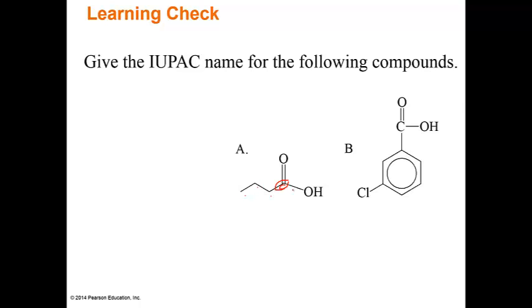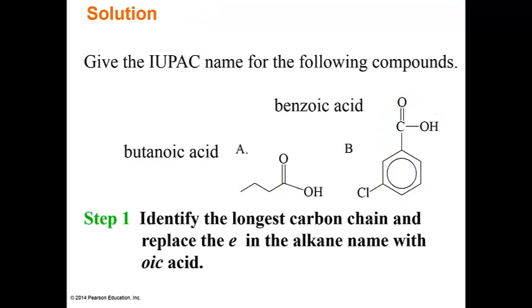I know that's not lined up appropriately, but whatever. Here we've got 1, 2, 3, 4, and then 5. So let's see, what are those names going to be? What do we think? All right, so we've got butanoic acid. Would that make sense? 1, 2, 3, 4. But, 4. Yep. Okay, great.